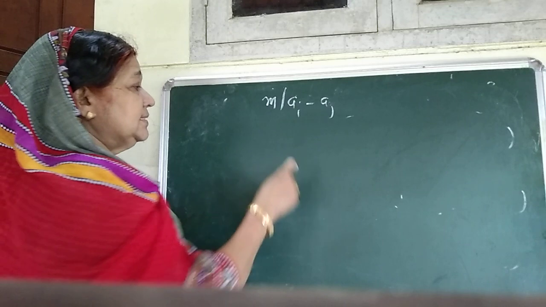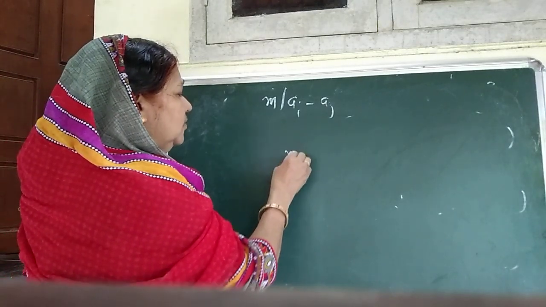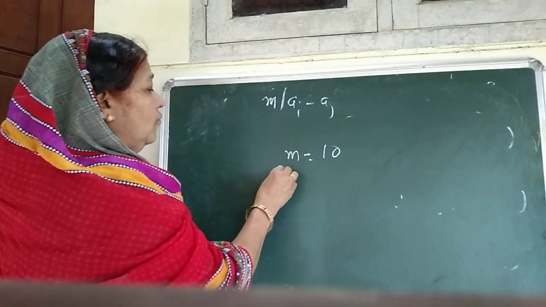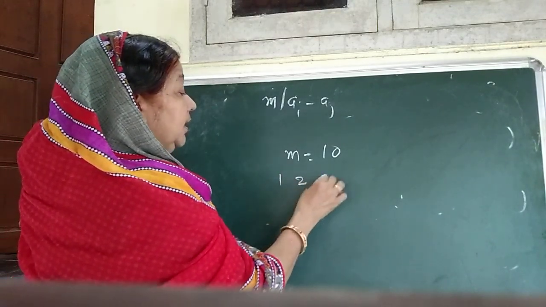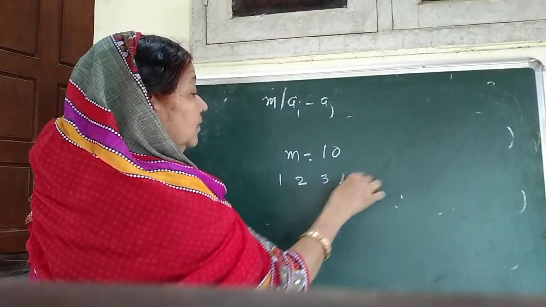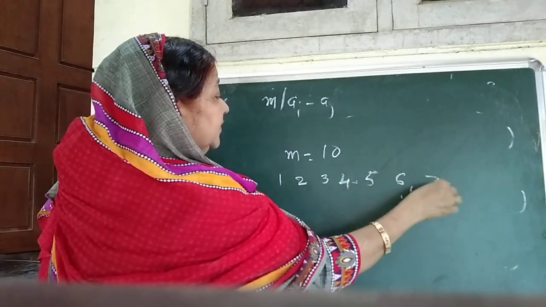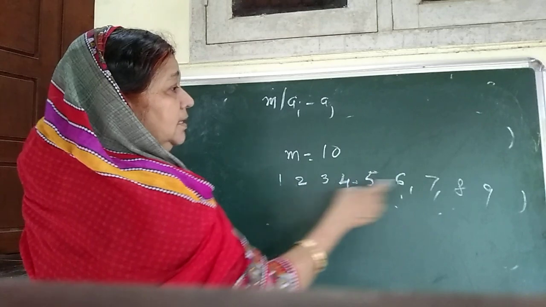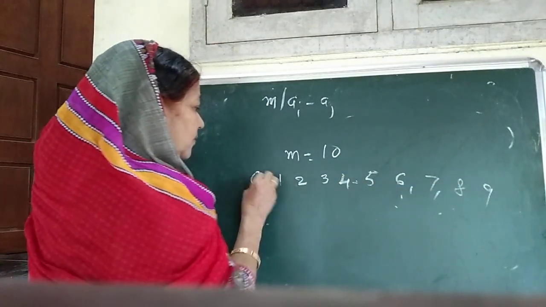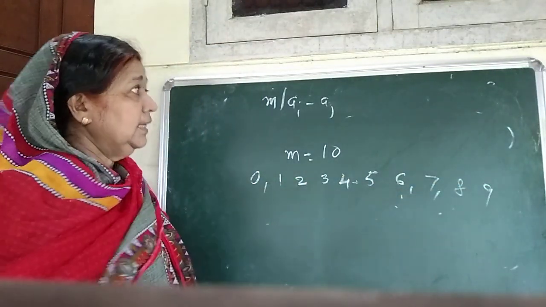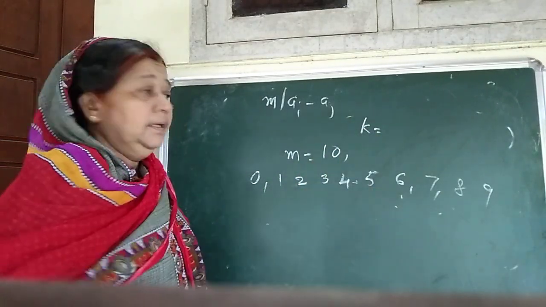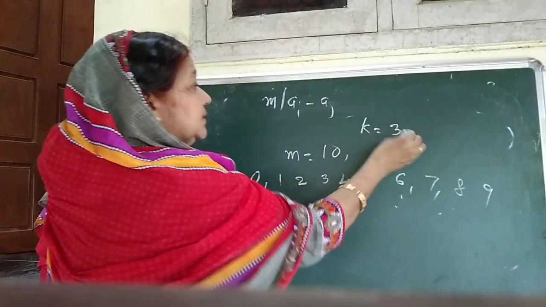For example, let us see. Say M equal to 10. Then 0, 1, 2, 3, 4, 5, 6, 7, 8, 9 are A1, A2, A3, etc. Then take a number K, say a number relatively prime to 10, that is 3.